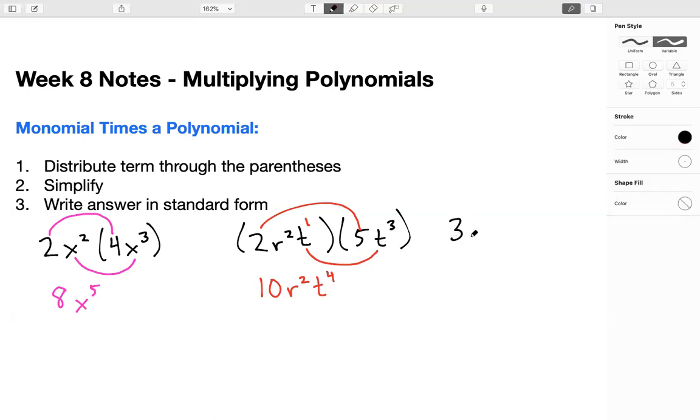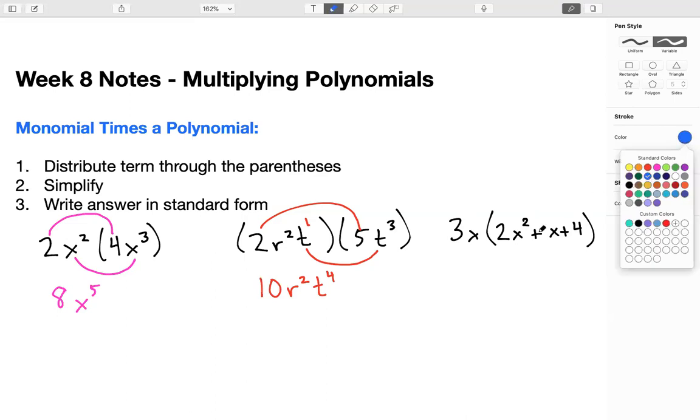Last one, 3x times the quantity 2x squared plus x plus 4. First thing, multiply the coefficients.